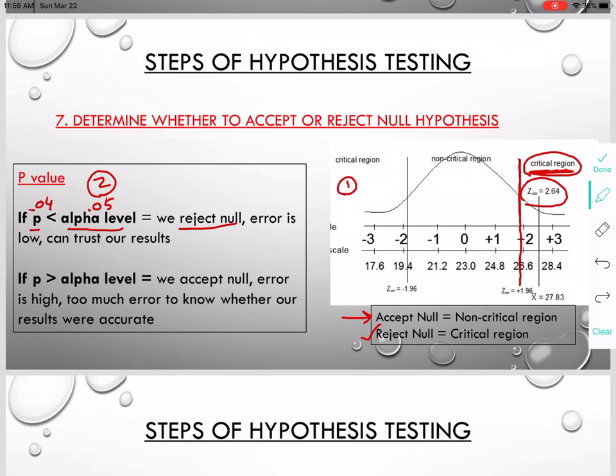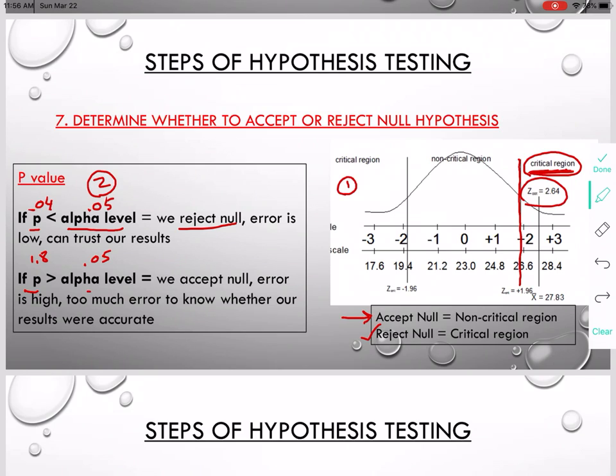On the other hand, if I was looking at the p-value, if my p-value was too high, I mean, sometimes we'll get p-values that are really high. What if I get a p-value of 1.8? Woo, my p-value was much higher than my acceptable error. Remember, p is the actual error that you got.